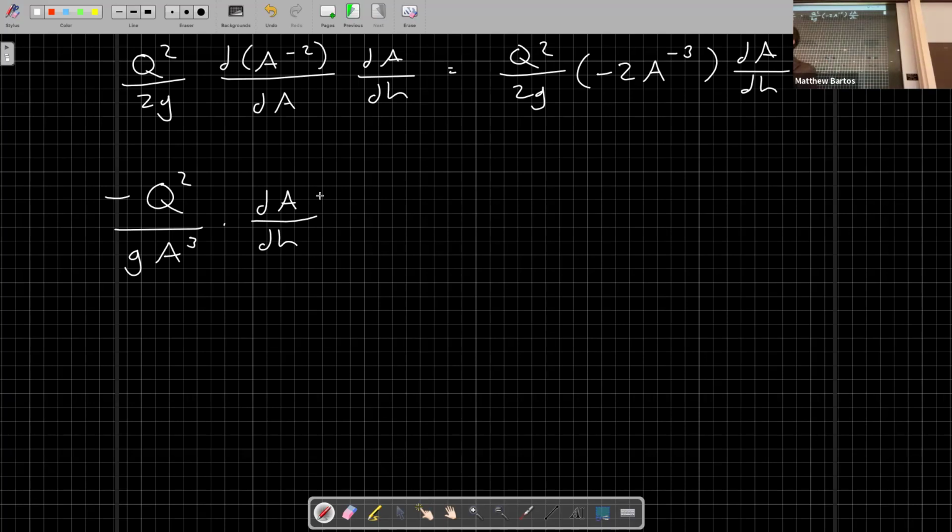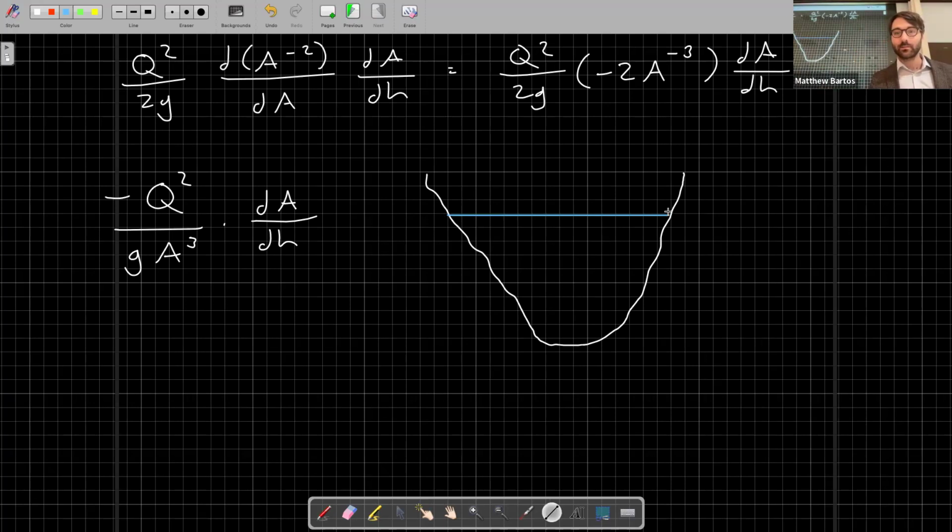Okay, so what does dA by dH represent? It's the change in area of flow with respect to the change in height. So let's draw out our channel here. We have some water level in the channel, and this water level, let's say it's changing by some infinitesimal amount, dH.